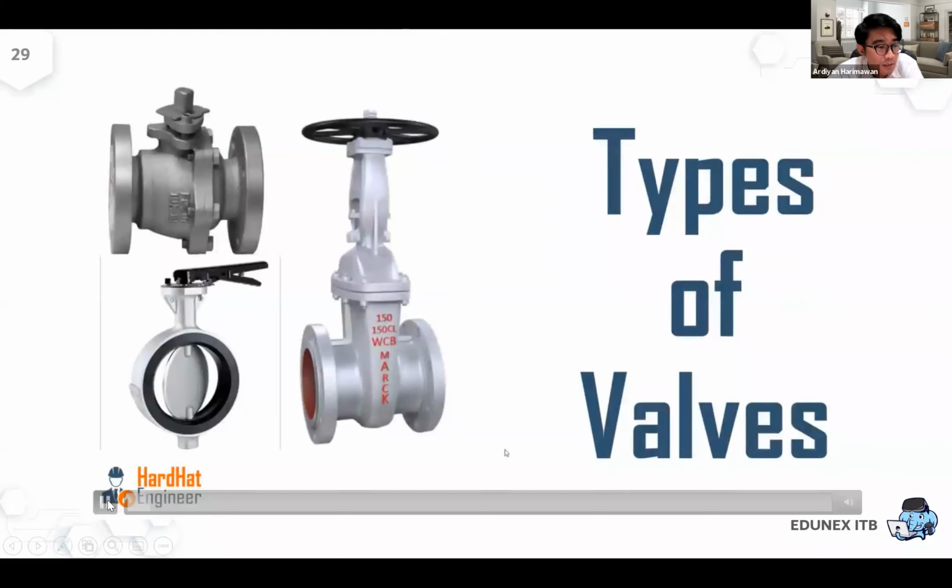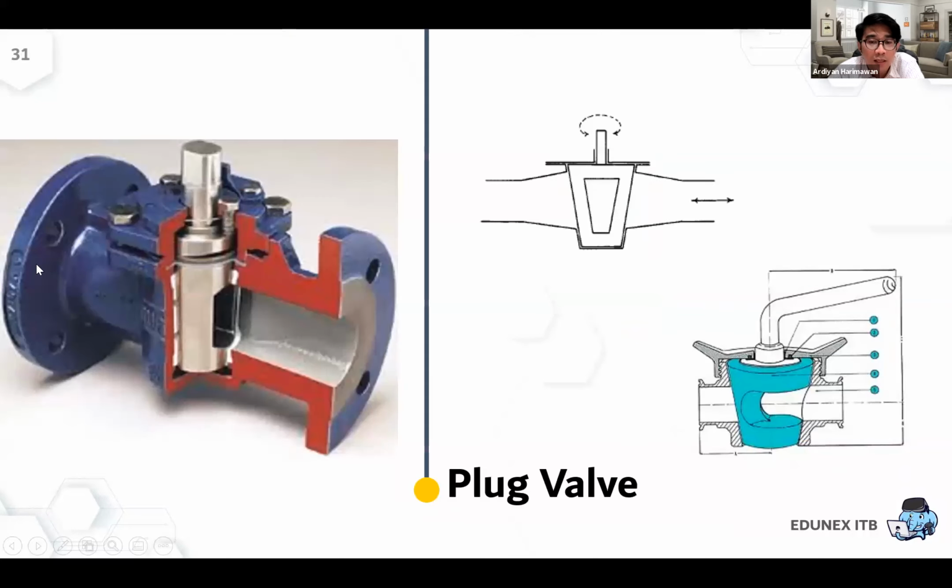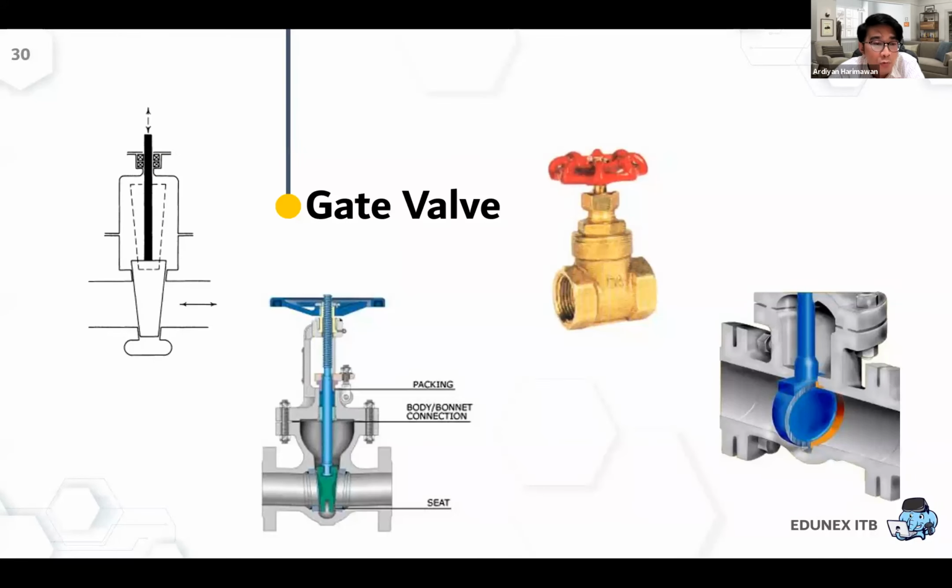Besides fittings and strainers, we also have valves. In a pipeline system, we have several types of valves with different functions. Some valves function to adjust the flow rate.